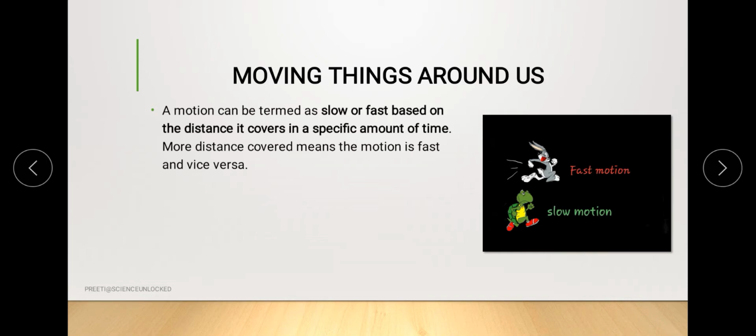If I am saying that this bunny is moving faster than the turtle or the tortoise, whichever you want to go for, then we are saying so because the other thing is there with which we can relate it. There is one other thing which is in motion and it is changing its position slowly and gradually with passing time, whereas the first thing is changing its position at a faster rate.